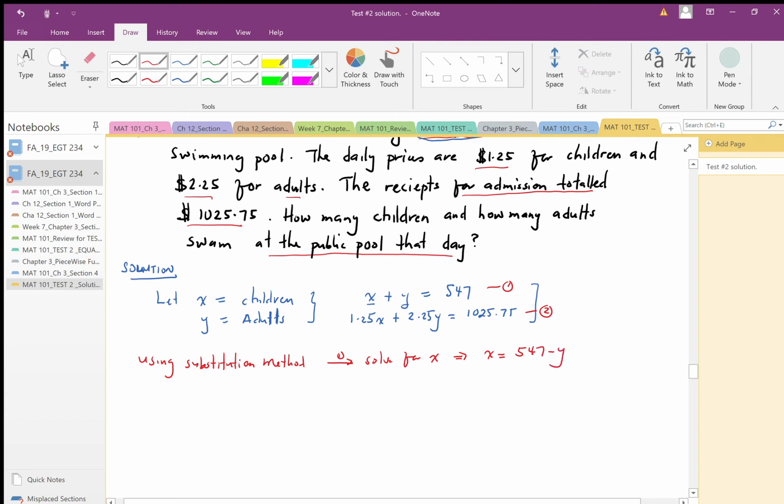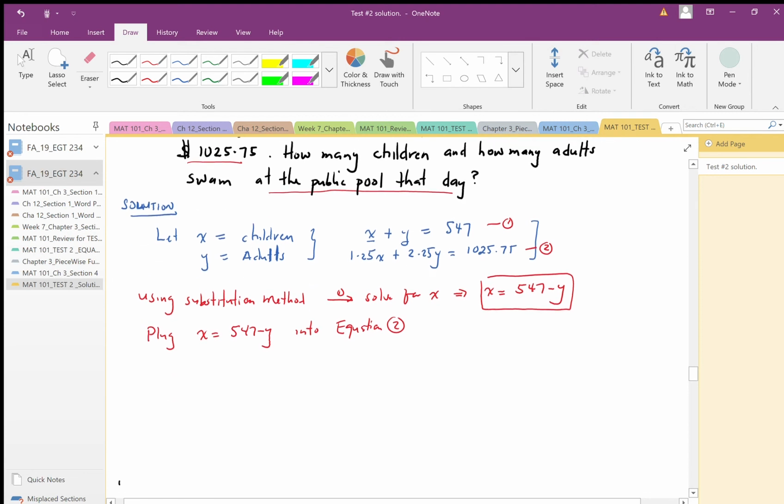This is from equation 1. Now you can plug that into equation 2. So plug x equals 547 minus y into equation 2. If I see x in equation 2, I'm going to plug in my value here.